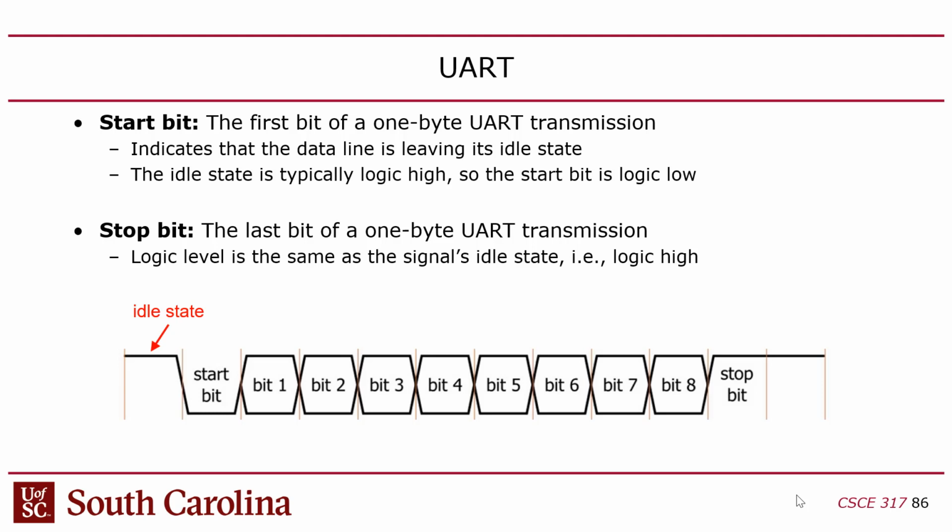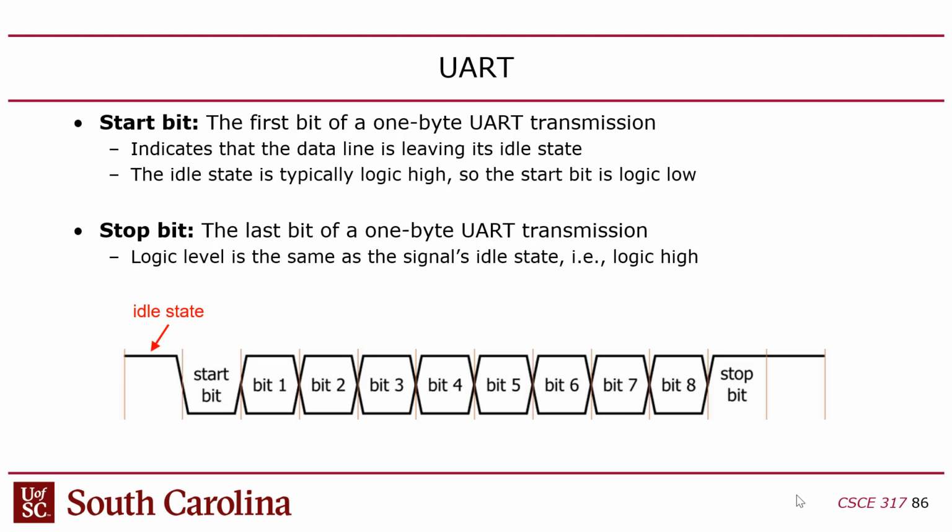The channel idles, and when I say the channel, I'm talking about either of the two data lines, at 1, at whatever your 1 voltage is, your high voltage. And the start bit is one clock cycle of the value being at the low voltage, ground. That signals to the other side that you want to send something.